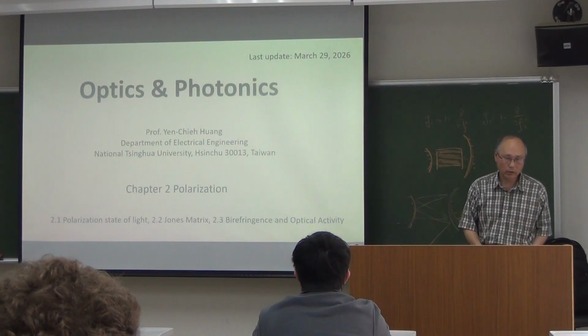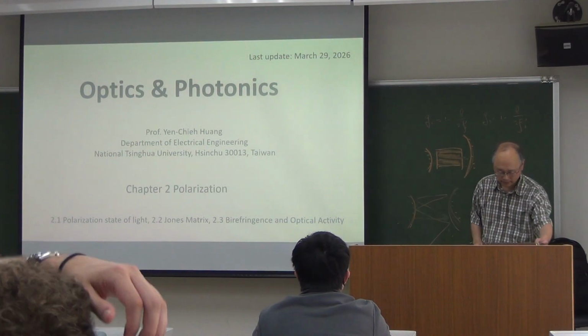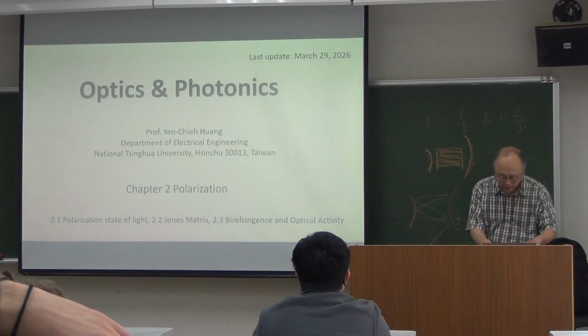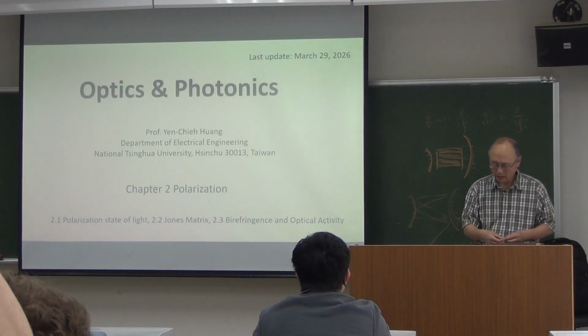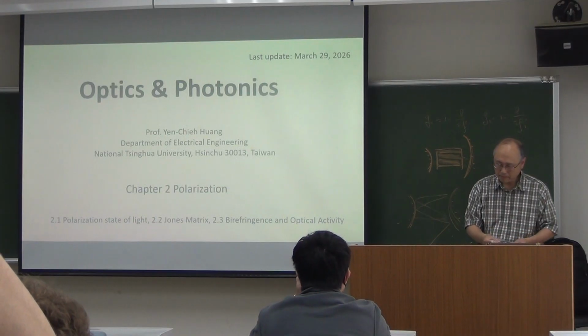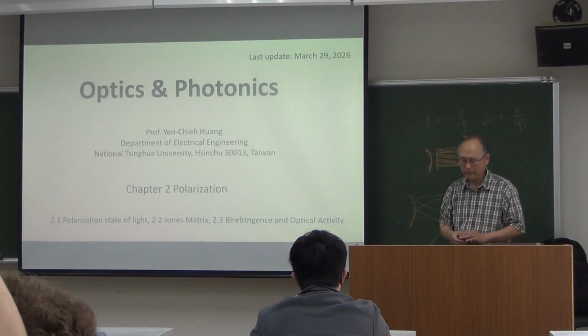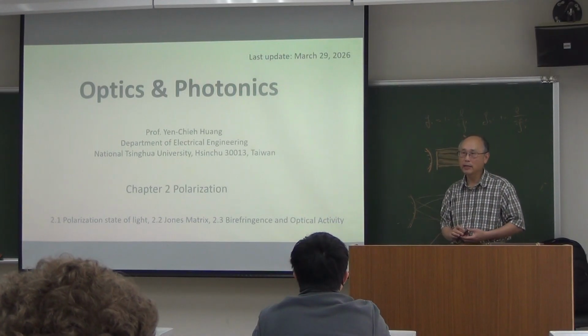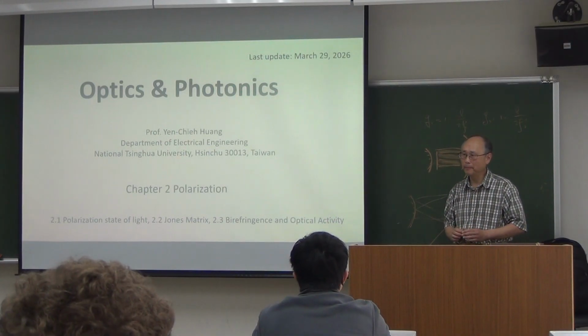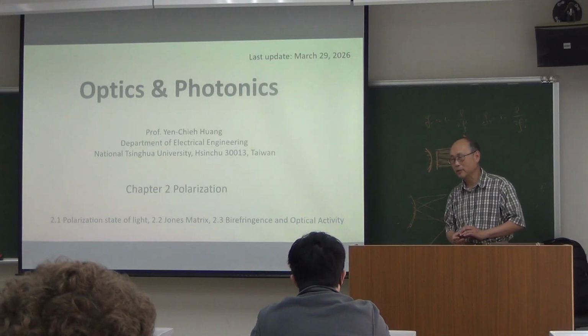Okay, I want to give you a little bit of incentive to study this. And I've done this to a few students before. And if you manipulate the polarization of light, you can add information into the experiments.